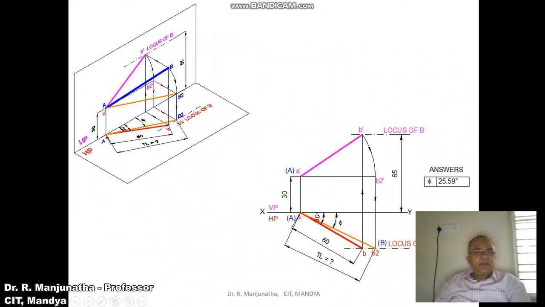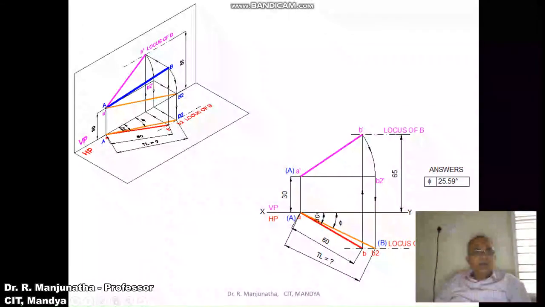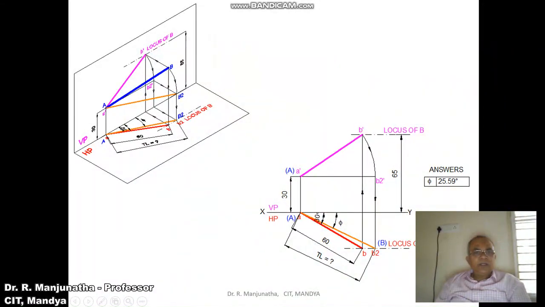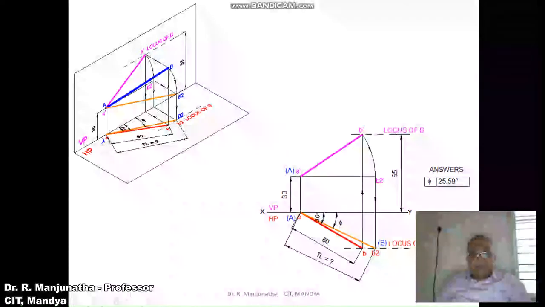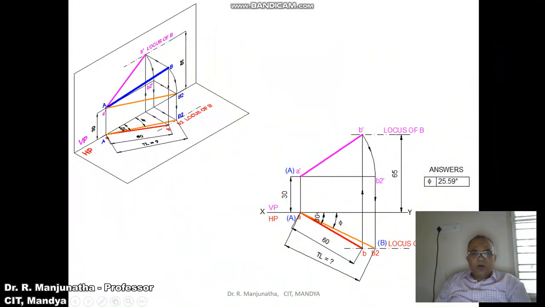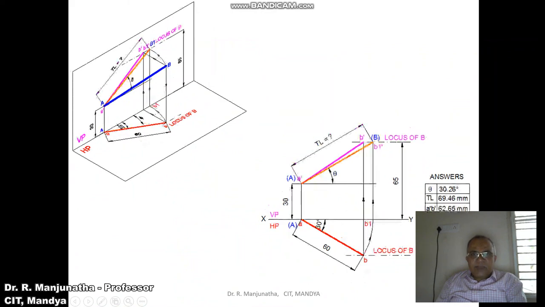The front view image is the one which has been rotated, made parallel to HP. So its corresponding top view is going to be the true length. So that is what we have shown here. The front view line is made parallel to HP, so its corresponding top view is going to be on the true length line. So this is how we are able to get the top view true length, and this is how we can analyze it in steps.